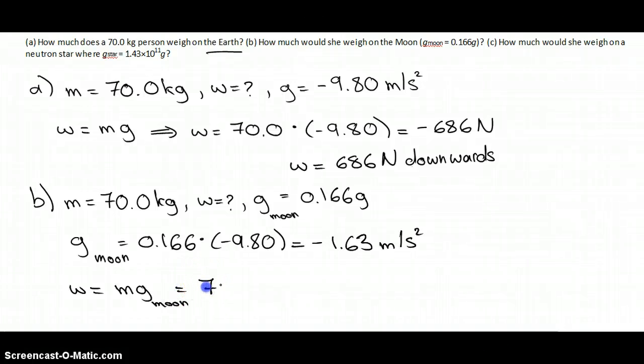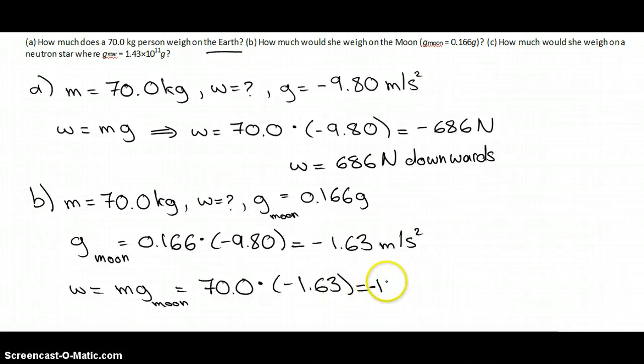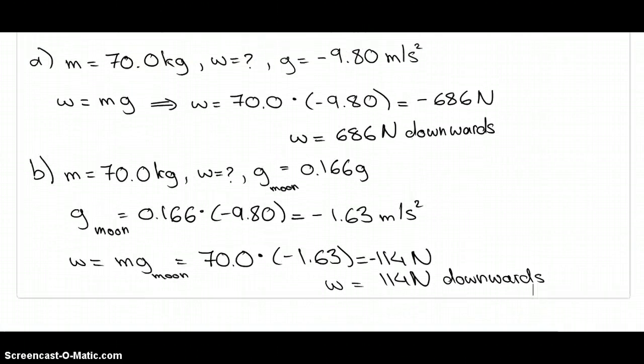So 70 multiplied by negative 1.63, the answer is 114 newtons, or the weight on the moon is 114 newtons downwards. And again, your book is accepting the positive answers too.